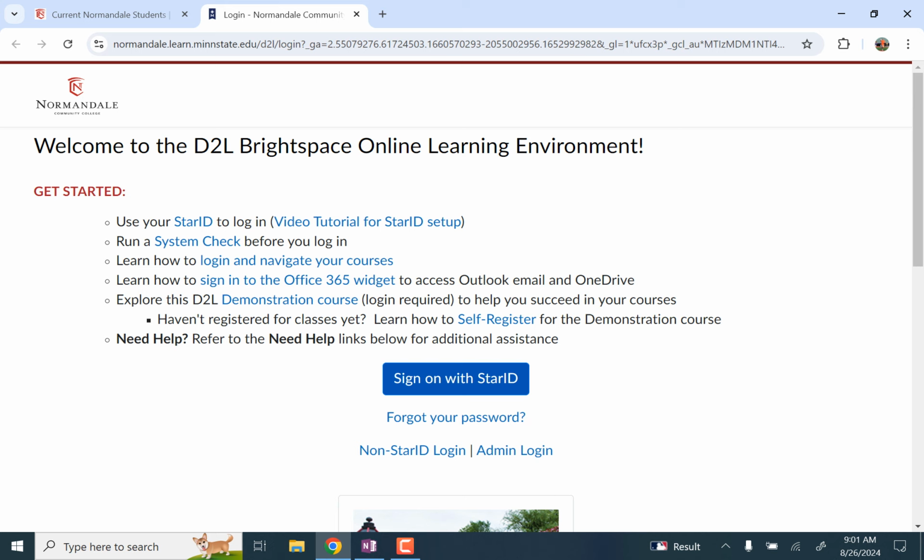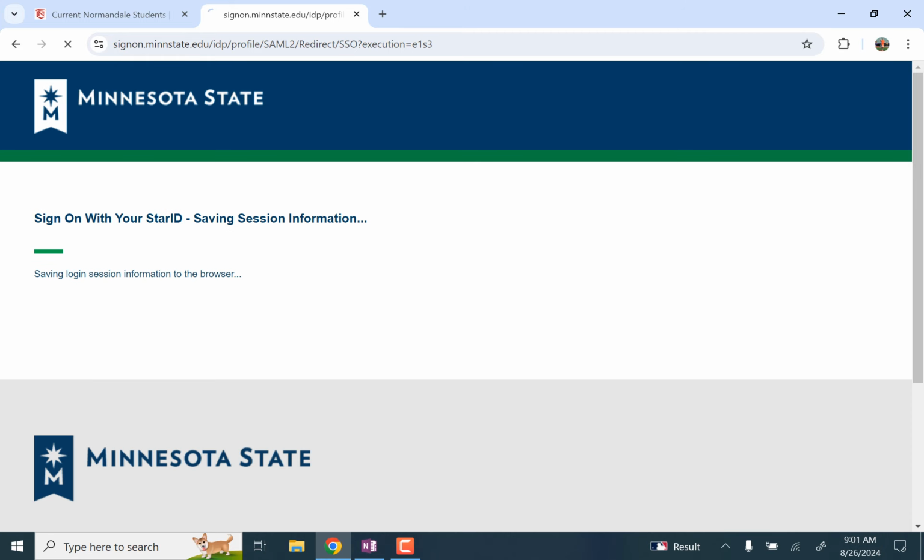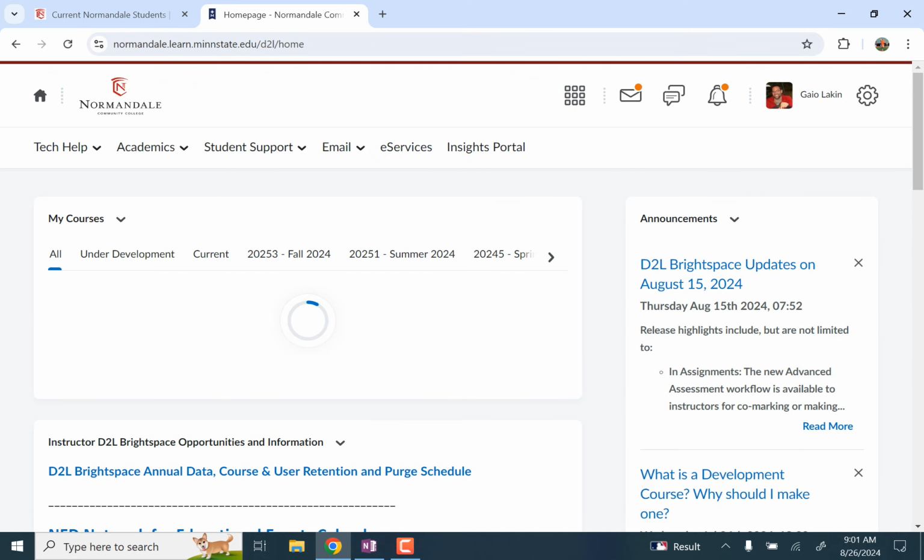Click on that. To sign in, you'll need your star ID and a password. You can come talk to me after class if you don't know your star ID or you haven't logged in yet, and I can get you pointed in the right direction with that. It autofills once you've done it before.